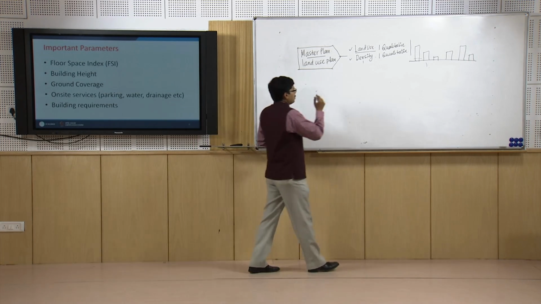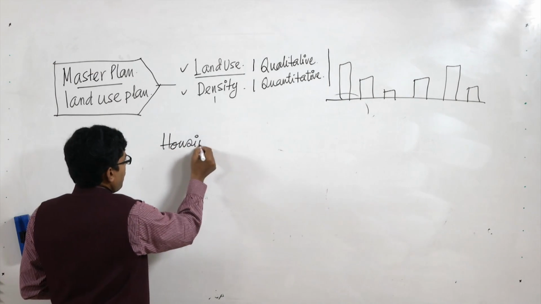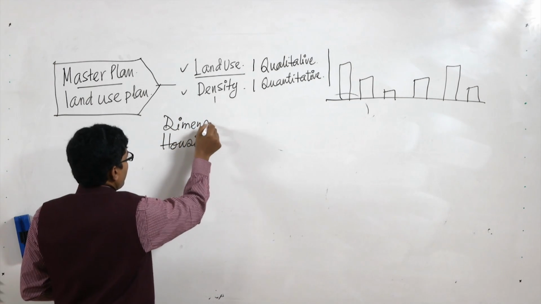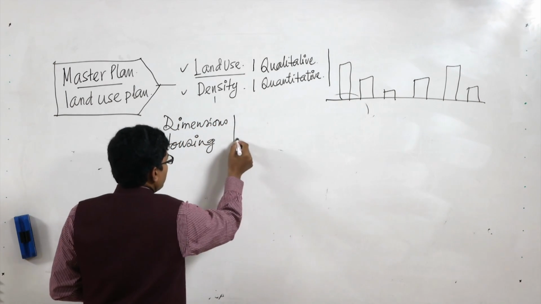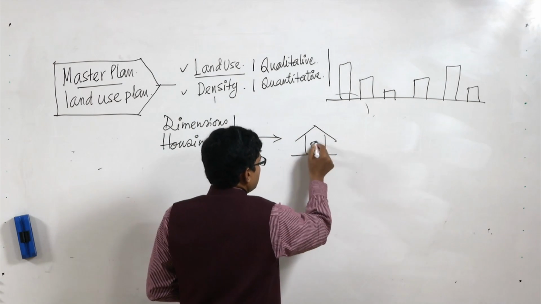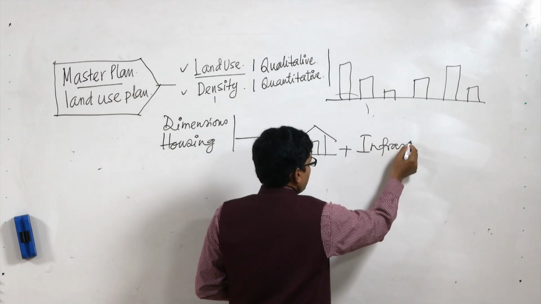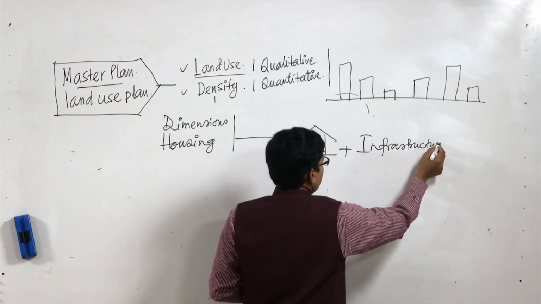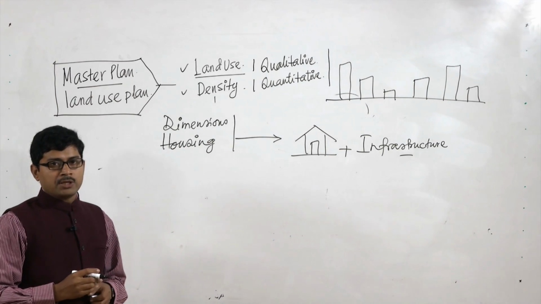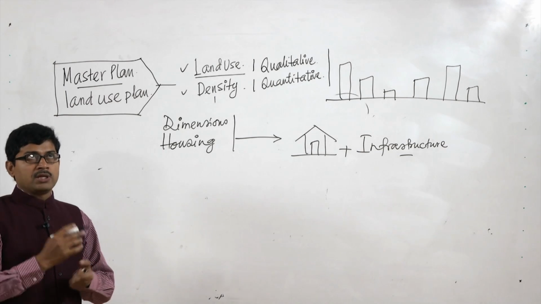So from that concept, the dimensions of housing, one very important dimension was that a house does not become a house without the essential infrastructure, like water supply, sanitation, waste management, green open space, electricity.